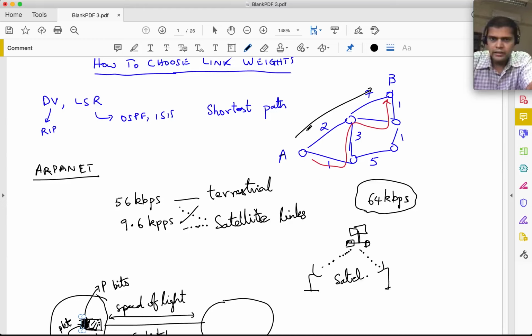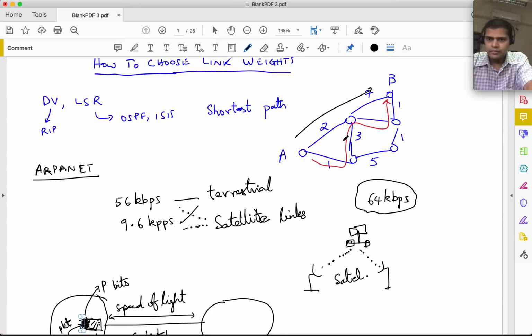Right, and then what might happen is again shortest paths are recomputed by the protocol, and because of which the shortest path will shift from here to here, because the link weights have gone up here and they've come down over here. So you could have this sort of oscillation. The path flips from one to another just because the link weights are changing too often. And this is not always a good idea.